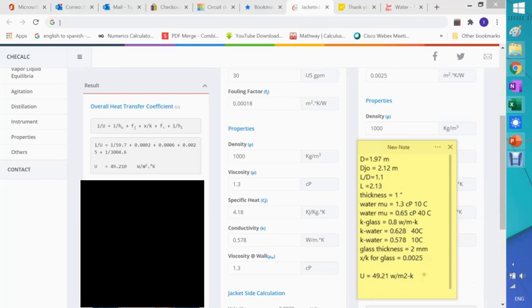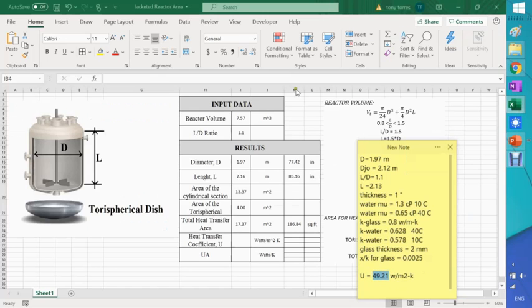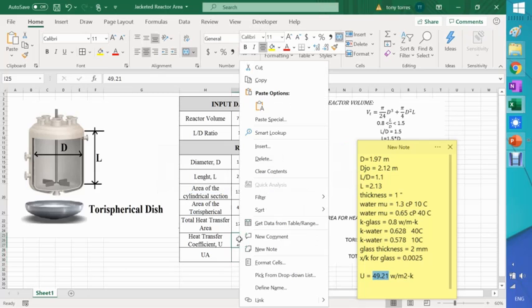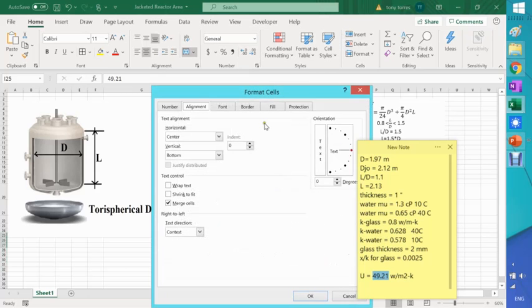So with that number, I can now go to Excel for 1 second here and finish some of the calculations. So I got this number here. Oops. That number is about 49.21. Let's fix this so it looks better. There we go.